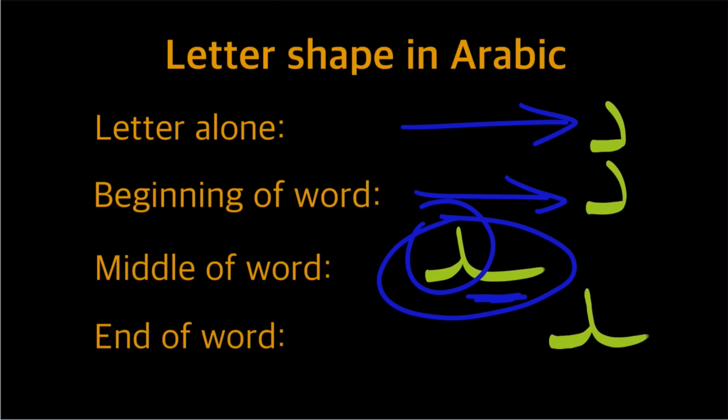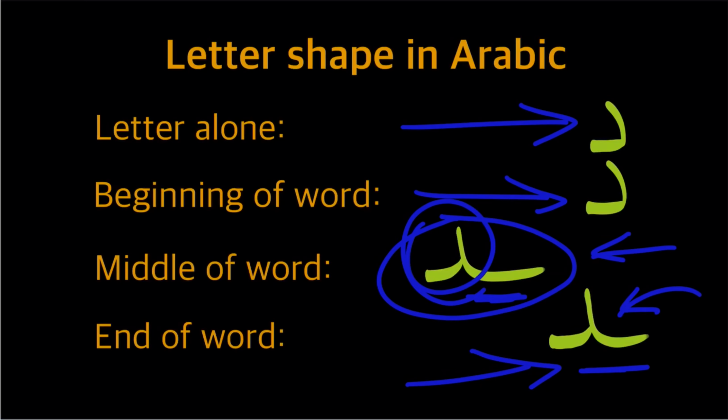What's interesting about the dal letter, which is shared by some other letters, as we'll see in the future, is that it is not to be connected with a letter afterwards. So this is how it looks when it is in the middle of a word. At the end of a word, it looks like this, connected to a letter before, or could be again alone.